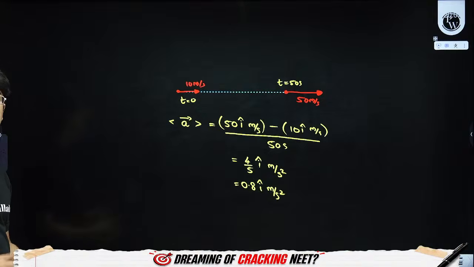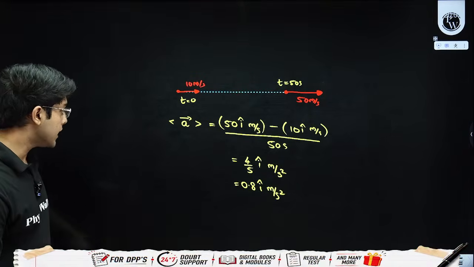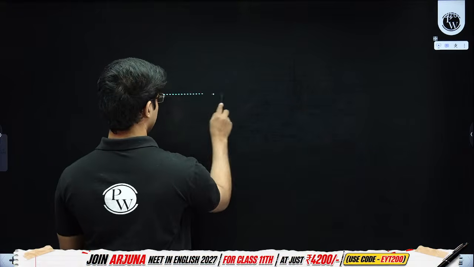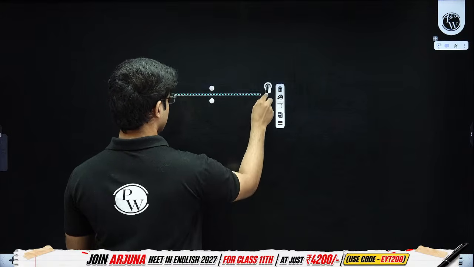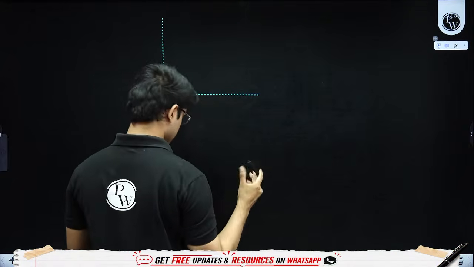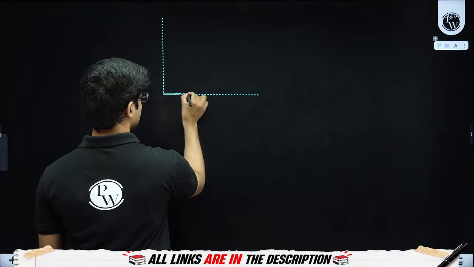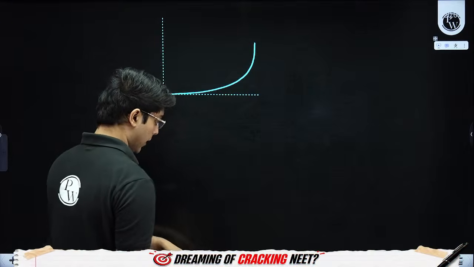Okay, great. Now let's also take the 2D example. This is the x, this is the y, something like this. So this is the path of the particle.